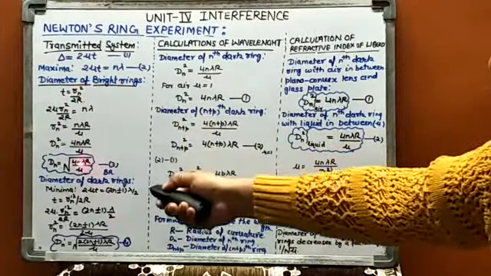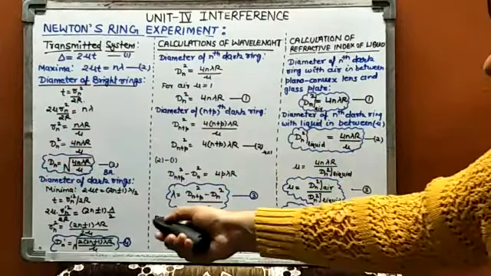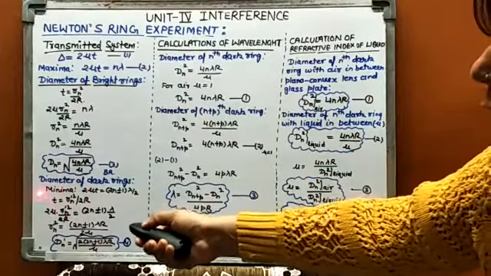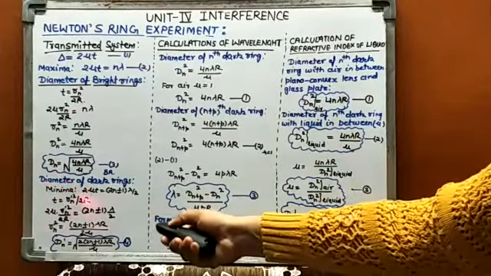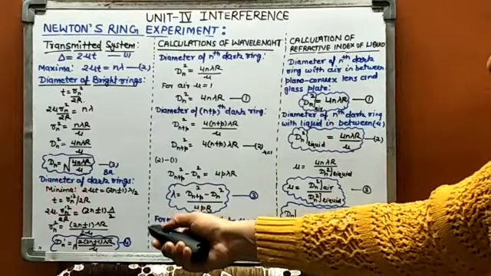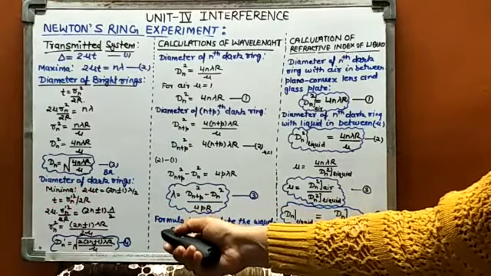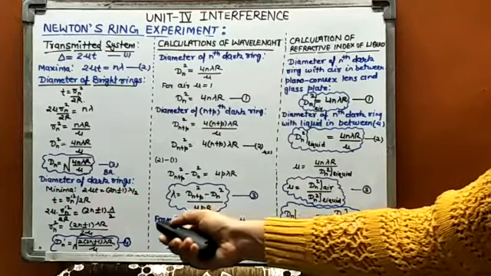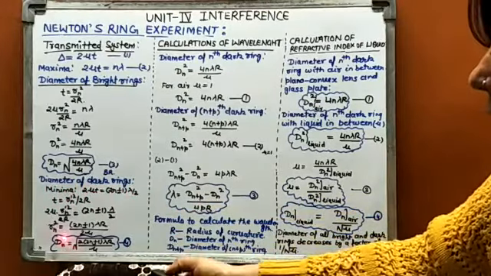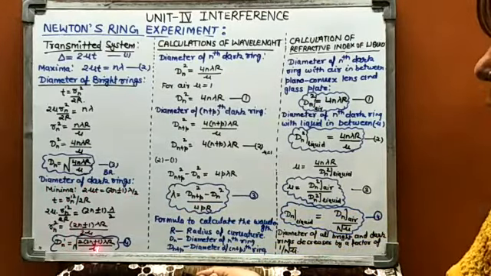A similar method is adopted for dark rings, where the thickness of the air film for the nth dark ring is Rn dash square upon 2r. After substituting this value of t in the condition of minima and solving, we get the diameter of the dark ring equal to this.